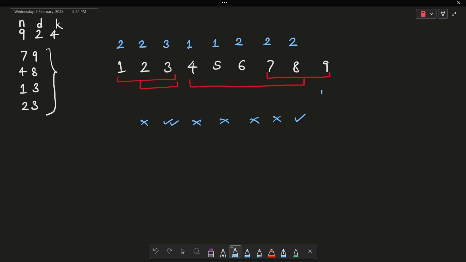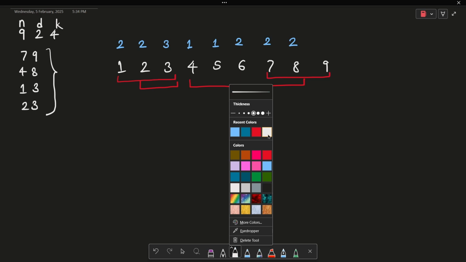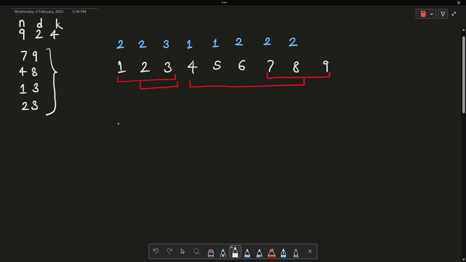So what I can do is create a vector of size n+1. I have 9 days, so I'll create a vector of size 10. What will be the indices of this vector? The indices will be 0, 1, 2, 3, 4, 5, 6, 7, 8, 9. My 0th day is nothing, right?